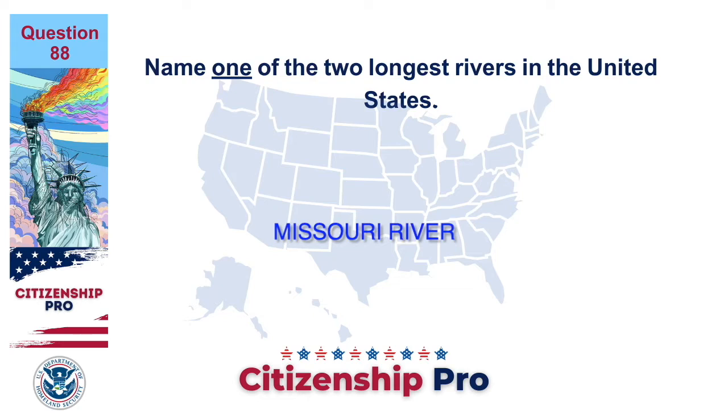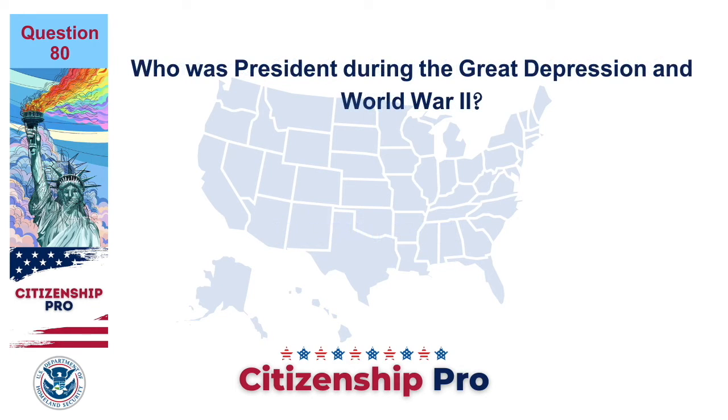Missouri River. Who was president during the Great Depression and World War II? Franklin Roosevelt.